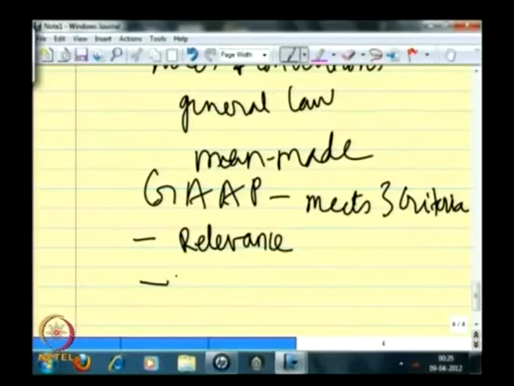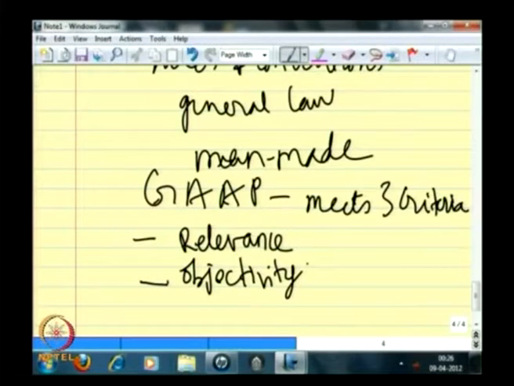The second criteria that needs to be satisfied is that there should be some objectivity while we capture this information. To the extent that the information that we capture is measured and reported with no inherent bias in it.